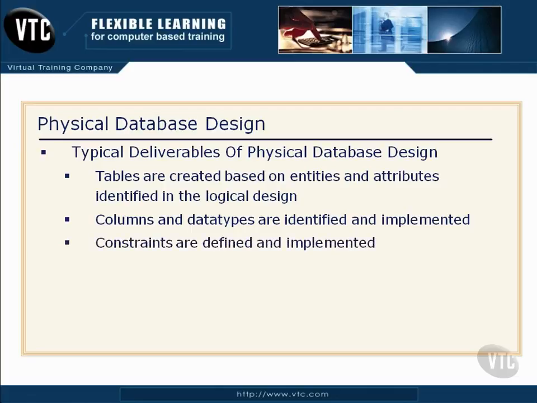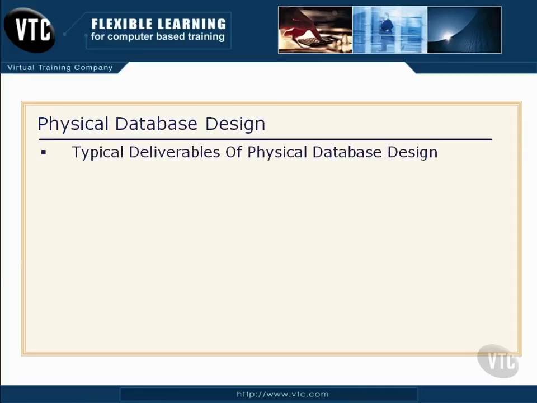Then you'll define your constraints on your tables, your primary and foreign keys, your unique keys, your check constraints, those sorts of things. So we want to build our tables, start to construct the relationships, and just start to flesh out a physical design that matches the requirements and the functionalities laid out in that logical design.